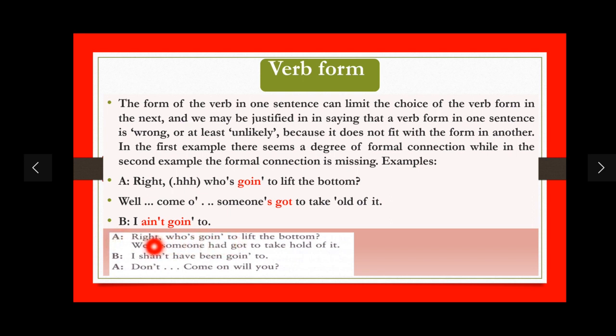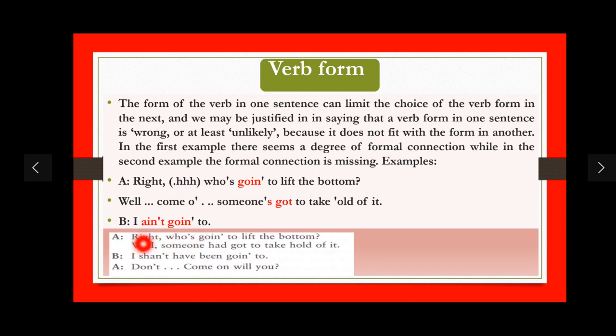Again, we can see here we have a perfect continuous tense. And then A says, "Don't, come on, well, you." Again, we have a different verb form. So in the second example, we have different verb forms. That's why we don't have formal links in the second example.